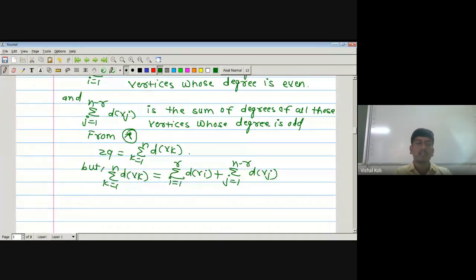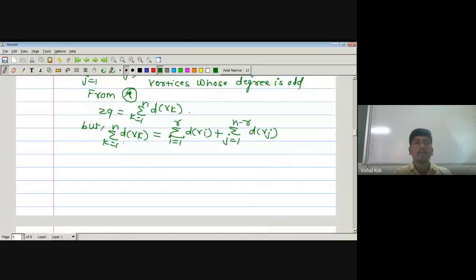Therefore, this total sum is nothing but the total degree of graph G. Summation k running from 1 to n of d of vk is nothing but 2q, which is equal to summation i running from 1 to r of d of vi, plus summation j running from 1 to n minus r of d of vj. Okay, as this is a multiple of 2, it must be even.